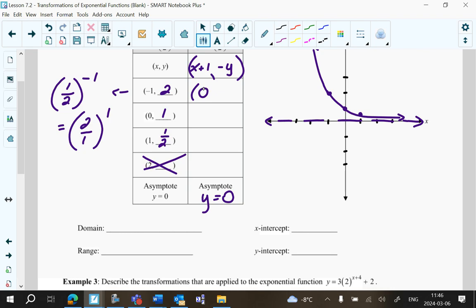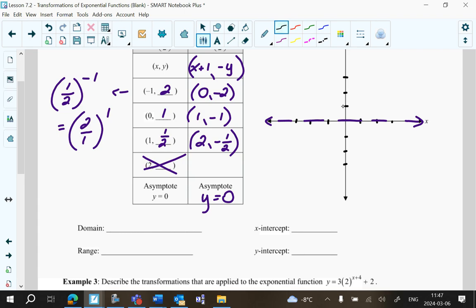I didn't even finish the question. Ignore that. That's the original one. This becomes 0, -2. This becomes 1, -1. This becomes 2, -1/2. There we go. I was just jumping way ahead of myself.